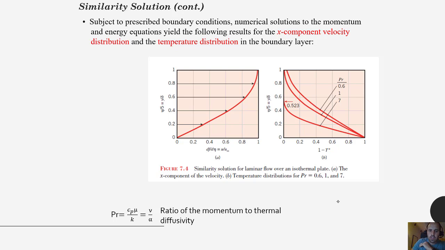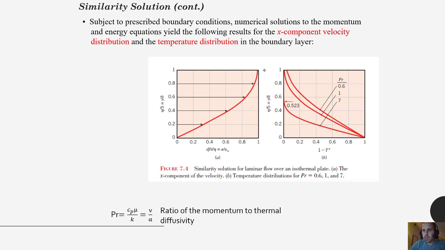If our Prandtl number is exactly 1, the momentum diffusivity and the thermal diffusivity are equal, and so their boundary layers end up being the same thickness. And that is shown here. If we look at this center line, we see that our Prandtl number is 1, and we see that our thermal boundary layer thickness is going to be 1 there as well. This is a unitless thermal boundary layer thickness. It's going to be the same as our velocity boundary layer thickness.